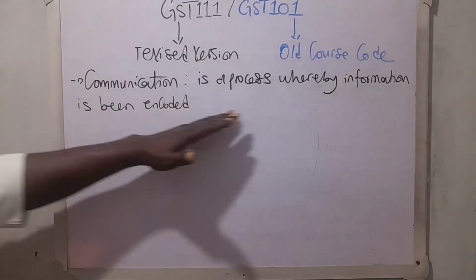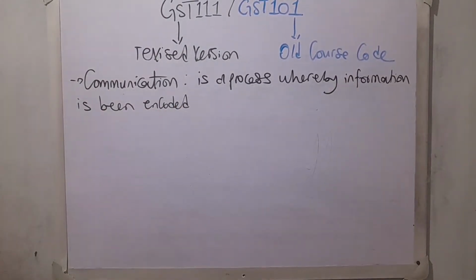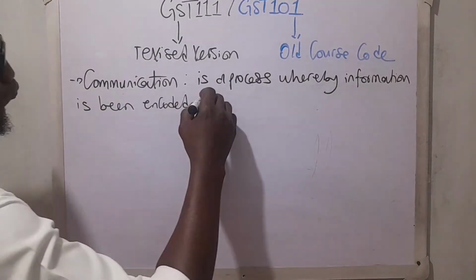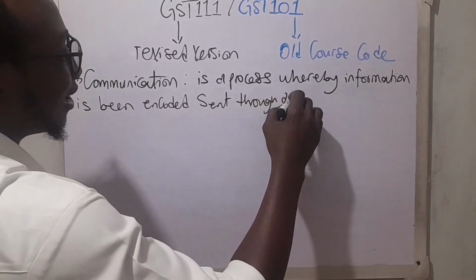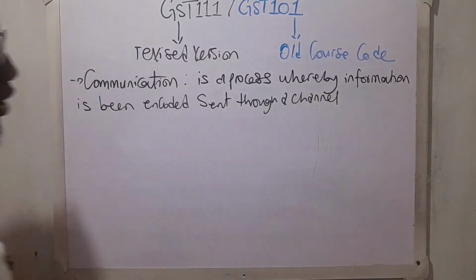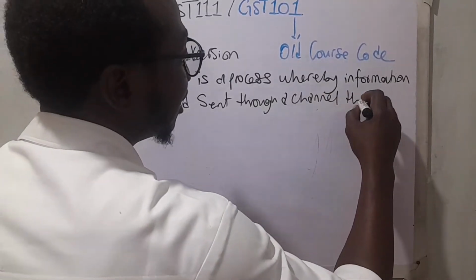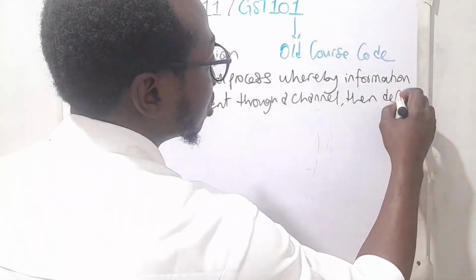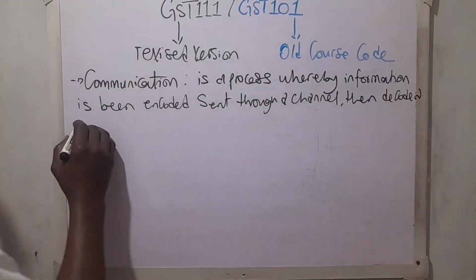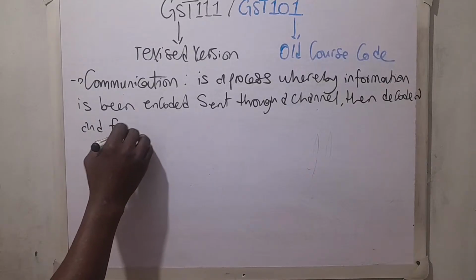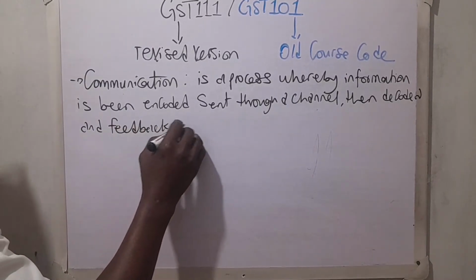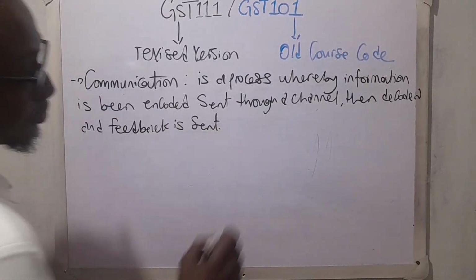So it is a process whereby information is being encoded, sent through a channel, then decoded, and feedback is sent.